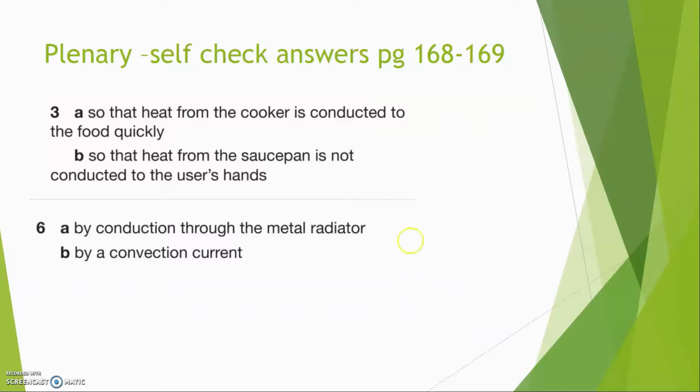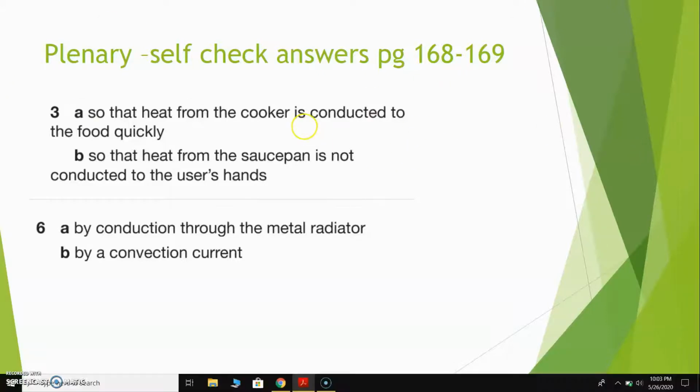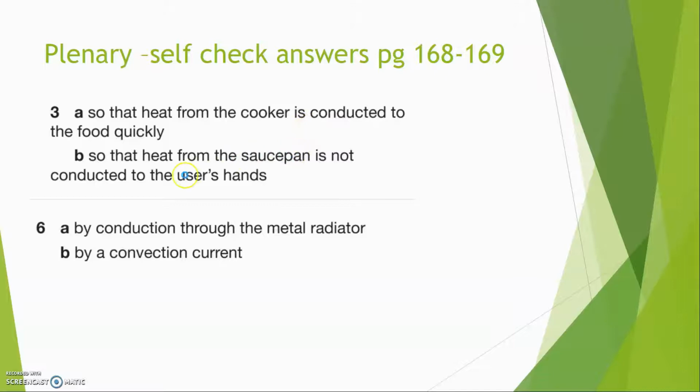By conduction, because it's through the metal, and by convection. Question 3: so that heat from the cooker is conducted to the food quickly. As I said, metals are good conductors of heat, so they will conduct heat quickly, and the handle is an insulator so heat from the saucepan is not conducted to the user's hands.